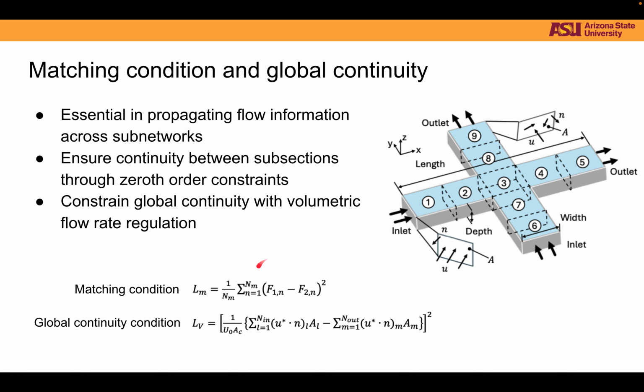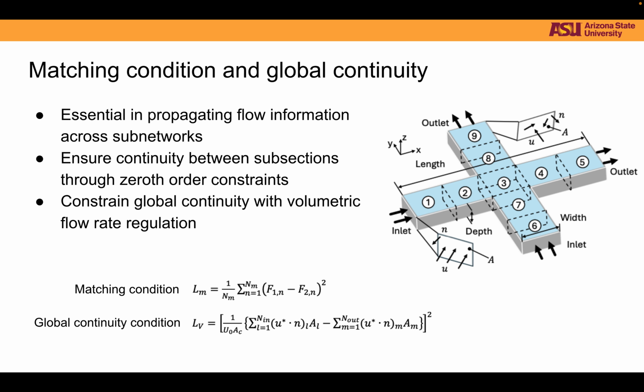We're only matching up to the zeroth order or the constant order term, so velocity and pressure, and there's no higher order derivative matching here. Another constraint that we found to be very helpful was a global continuity condition, where we set the inlet mass flow rate equal to the outlet mass flow rates, which in theory should be constrained by the continuity equations from our PDE.